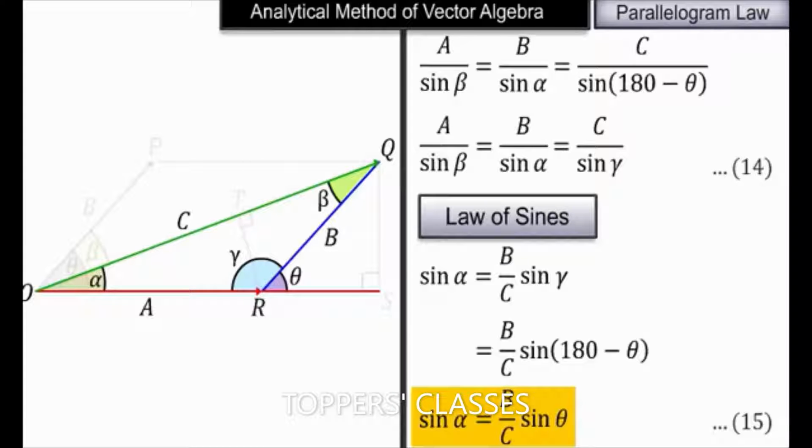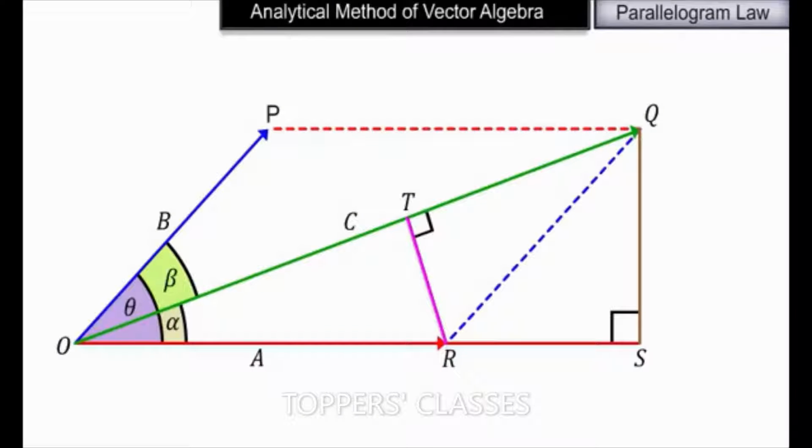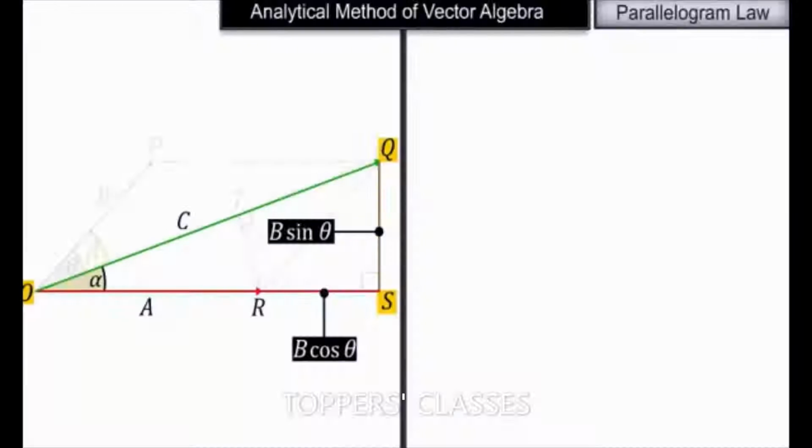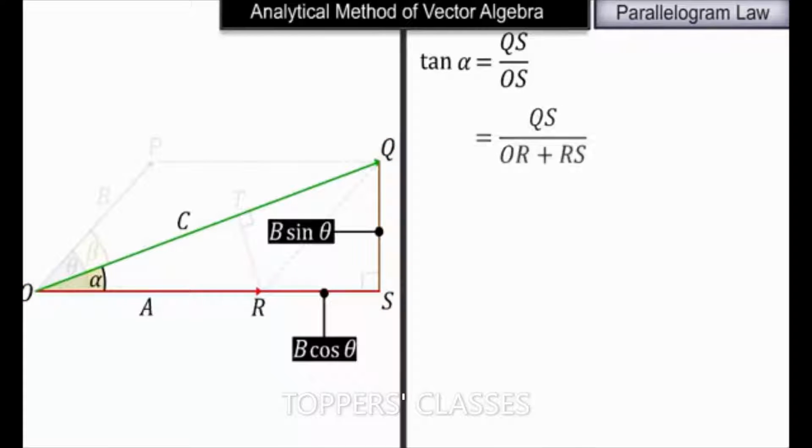From triangle OQS, we can write tan alpha is equal to QS by OS is equal to QS by OR plus RS. Tan alpha is equal to B sin theta by A plus B cos theta. Let this be equation 16. From this equation too, we can find the direction of the resultant vector C.